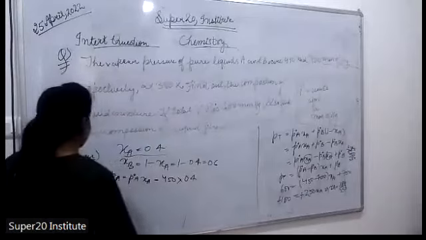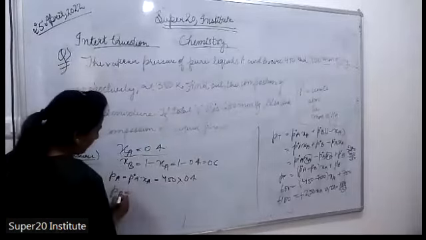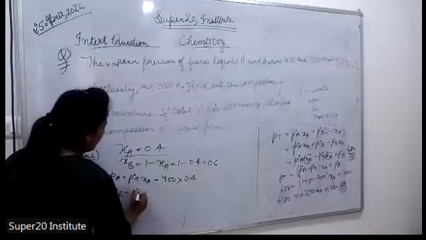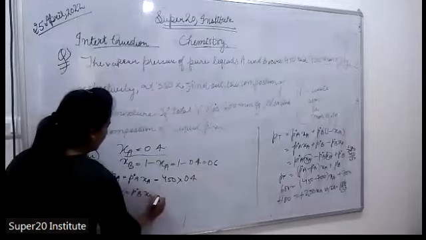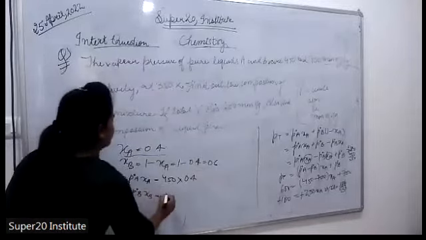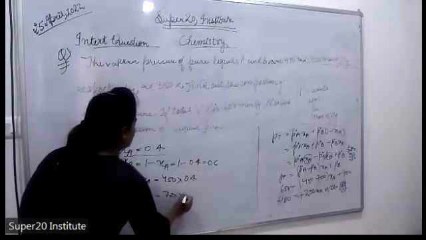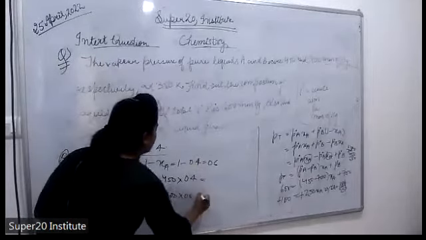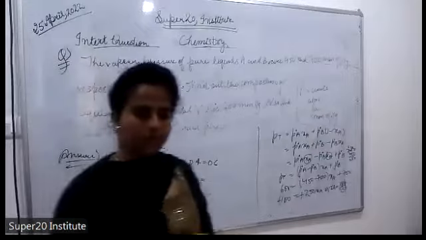Right. Similarly, the same for the partial pressure of component B. P naught B into chi B will be equal to 700 into 0.6. Okay, so you had to calculate this in the question.